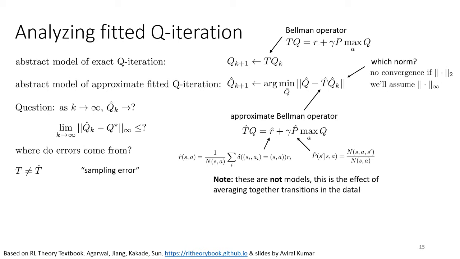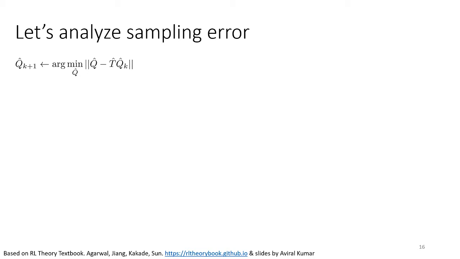They'll come from two sources. One is that T is not equal to T hat, so that's sampling error. And the other one is that Q hat k plus 1 is not equal to T hat Q hat k. And we call it approximation error. Basically, when we approximate the backed up previous Q function, meaning the target values, with some new Q function, we incur some approximation error, and we can try to quantify that. Okay, so let's first analyze just the sampling error.